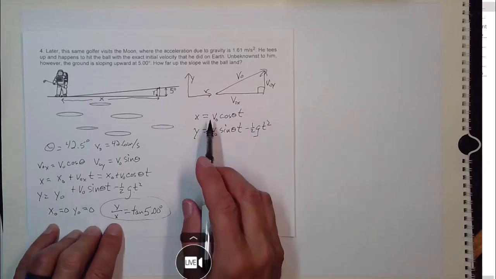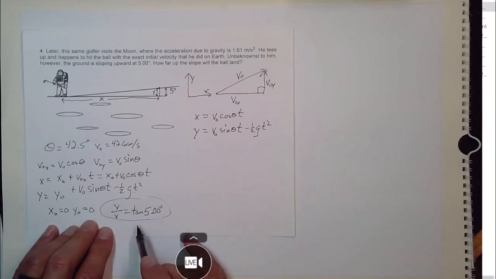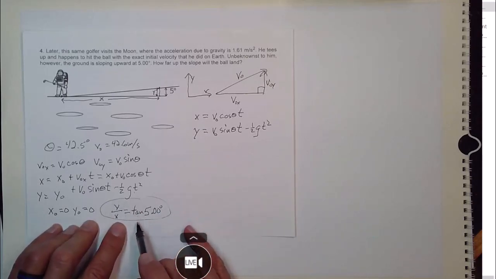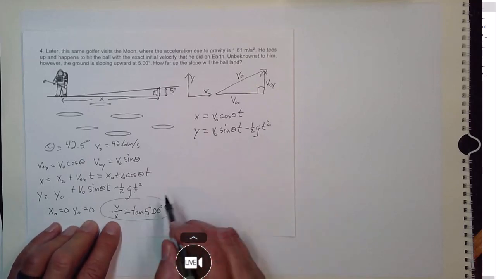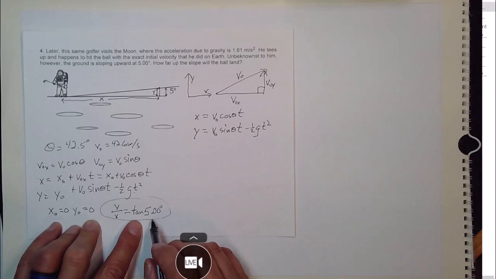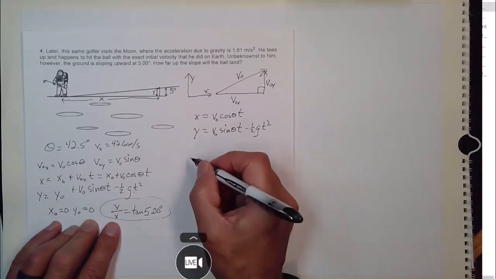By themselves, these aren't enough to figure out where it's going to land. However, I do have this. And so I can take this expression and divide it by this expression, and that'll equal the tangent of 5 degrees. That's a third equation. Let's see what we can do with that.